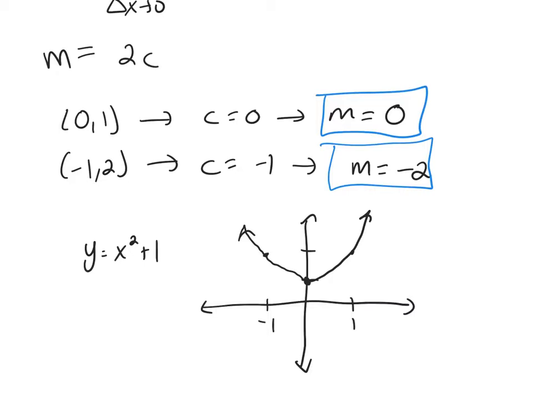If you look at the point (0, 1), the slope of the tangent line would be horizontal there. And so the slope would be 0. If I look at the point (-1, 2), my tangent line points downward, so it would have a negative slope.